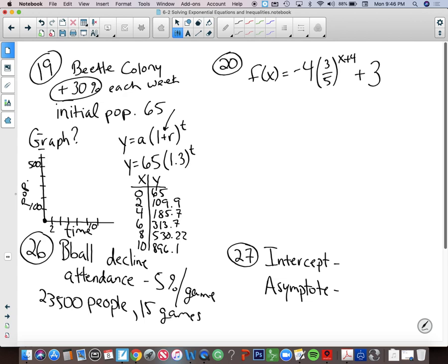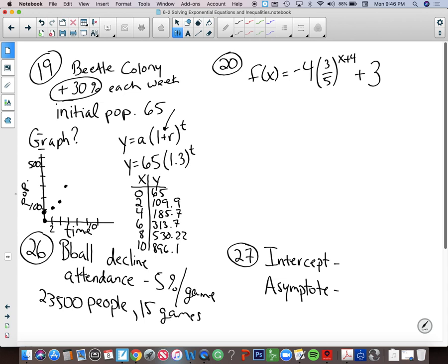So let's go ahead and graph it. So 0, 65, we're in there somewhere. 2, 109, kind of in there. 4, we're at 185, up there. 6, we're jumping up to 313. 8, we're at 530.